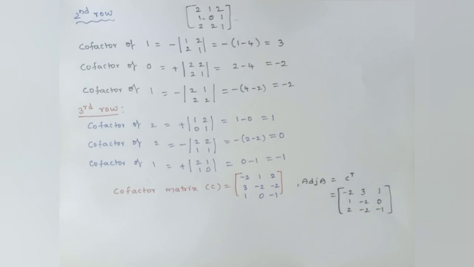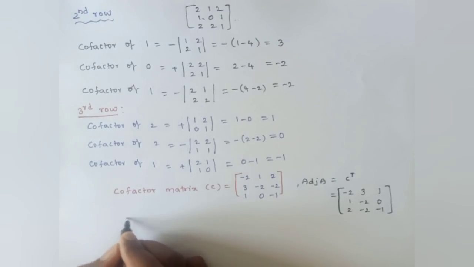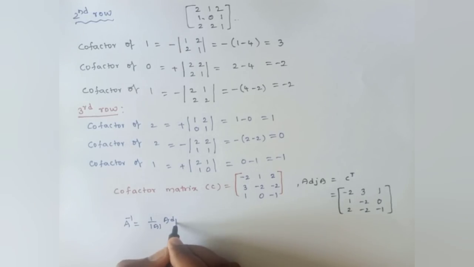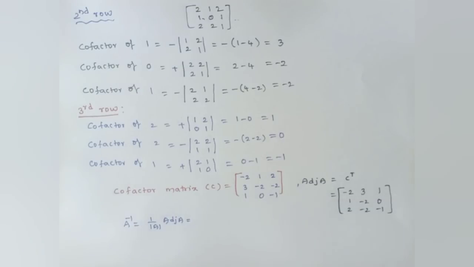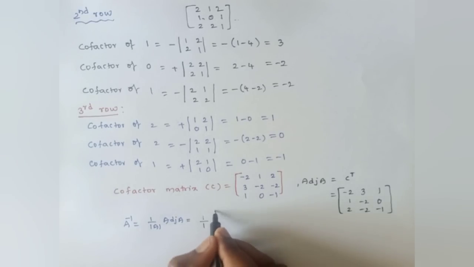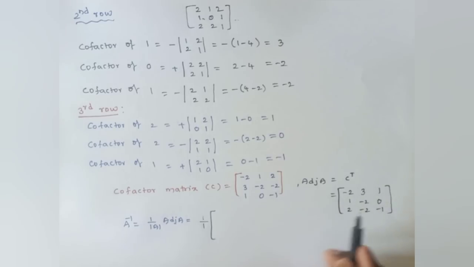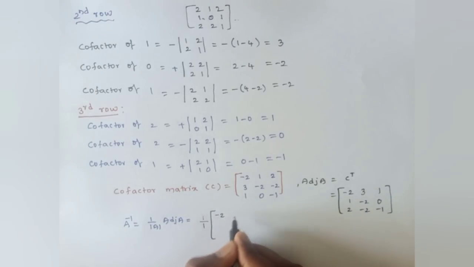Now, here we have a formula for finding the inverse of a given matrix, that is A inverse is equal to 1 by det A into adjoint of A. So now you can replace all the values here. This is 1 by det A. Det A means 1 by 1 only into adjoint of A. Adjoint of A is -2 3 1, 1 -2 0, 2 -2 -1.